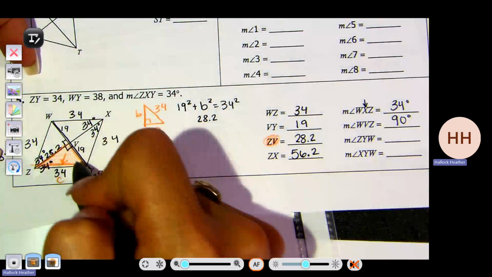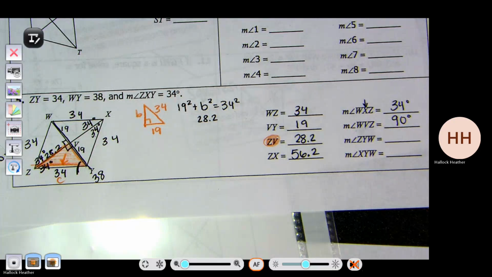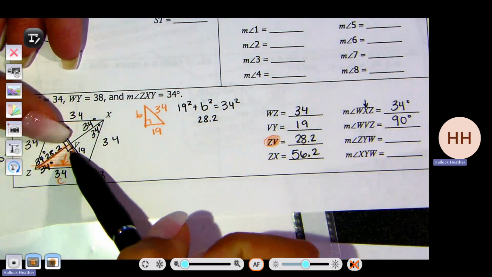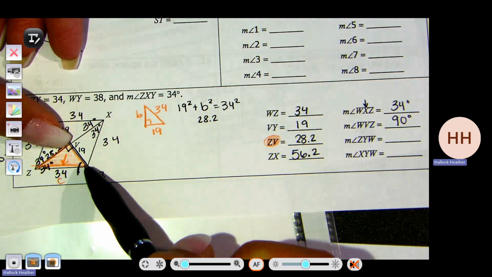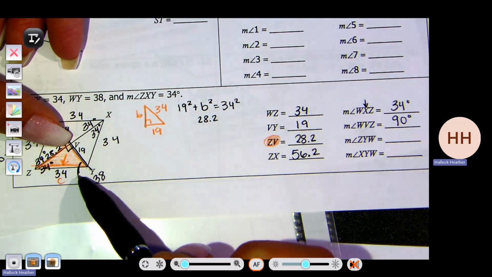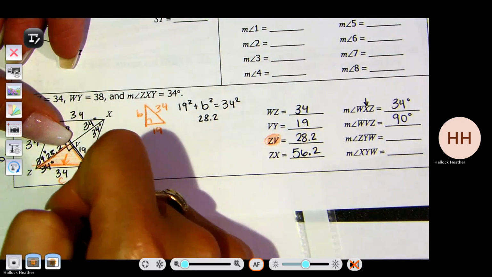How can I find this corner right there? Perfect. So because I have 34 degrees, I have 90 degrees. I know a triangle needs to add to make 180 degrees. So if I subtract 90 and 34 from 180, how much is left over? 56.